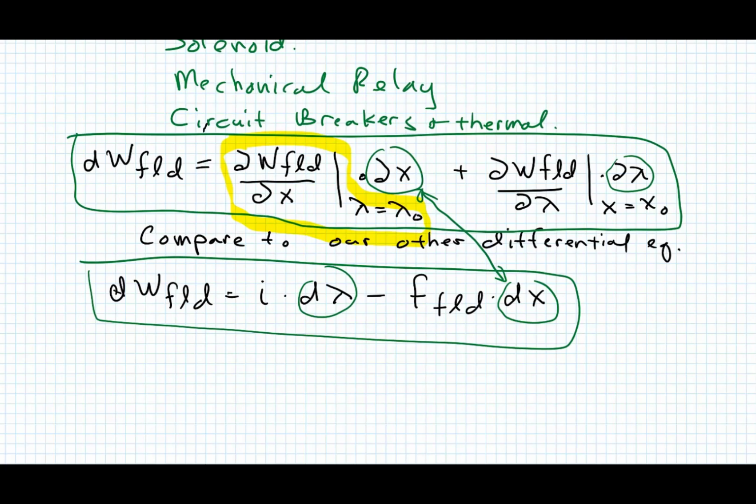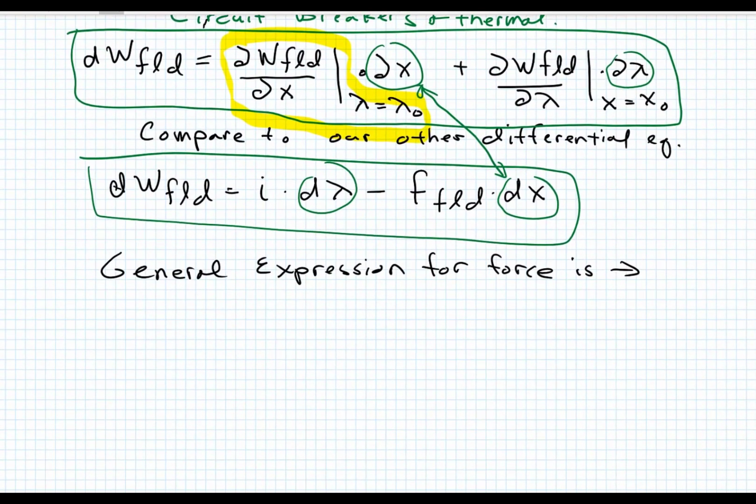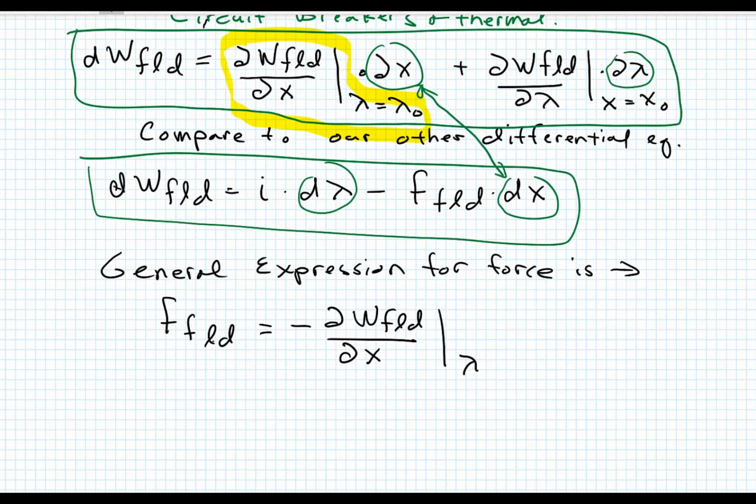So the general expression for force is F due to the field equal to the negative partial derivative of the energy with respect to x, evaluated at a constant or a specific point of flux linkage.